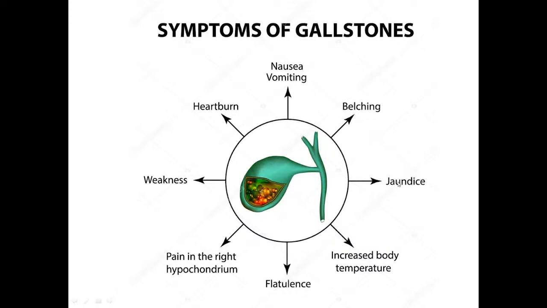Jaundice, when the gallstone obstructs the ducts. Increased body temperature: cholecystitis is a bacterial inflammation, and when the patient has acute cholecystitis, the patient has increased body temperature.